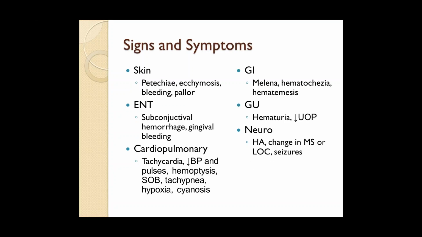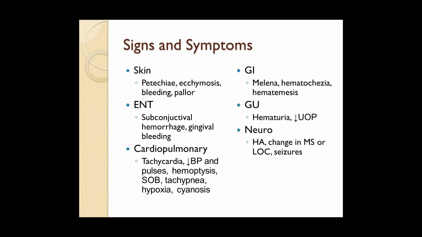The signs and symptoms associated with DIC often revolve around the resultant bleeding and thrombocytopenia from DIC. So we may see petechiae or ecchymosis in our patients. We may see other sites of bleeding or pallor. Patients may develop subconjunctival hemorrhage or gingival bleeding. They may have bleeding from the GI tract, including melena, hematochezia, or hematemesis. Patients may have blood in their urine or decreased urine output.